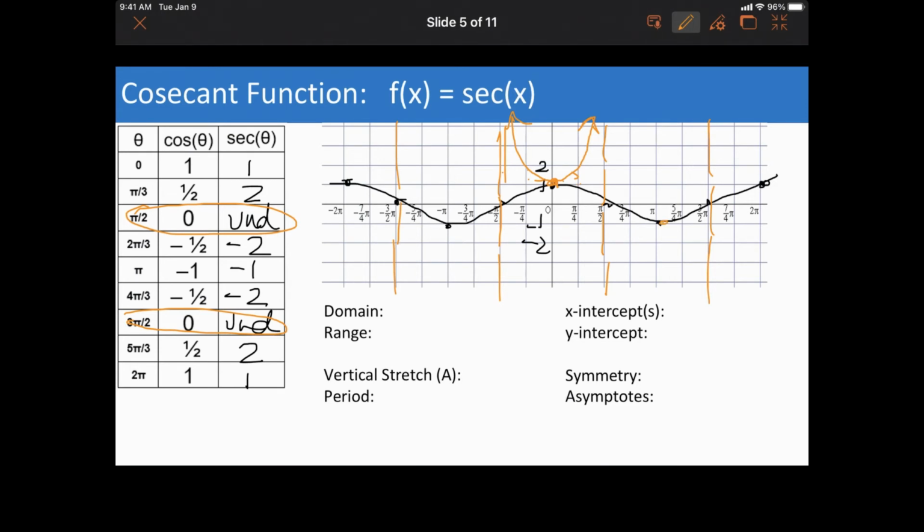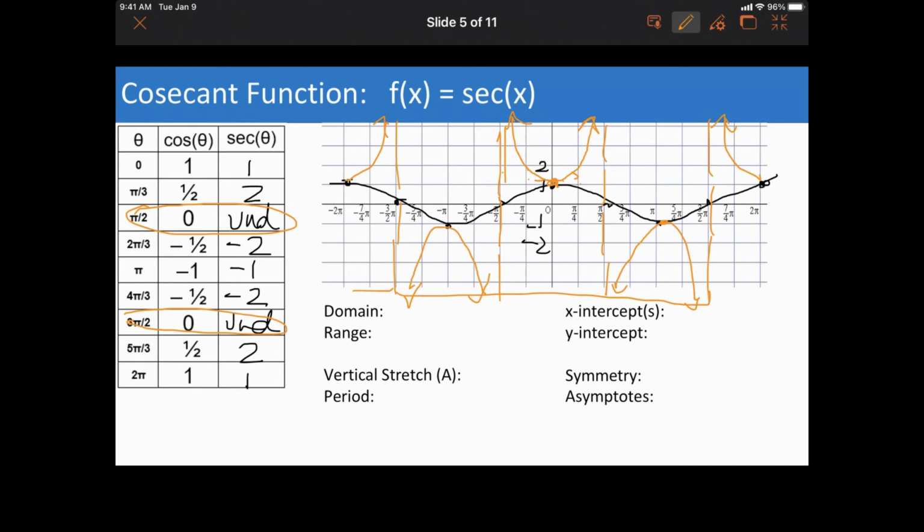Just like the other ones, yes, you're going to draw nice U's. So I'm only going to draw half. So this up here, it's just 1.5 cycles. So yes, you have to draw that one. So then you have your 2 full cycles.